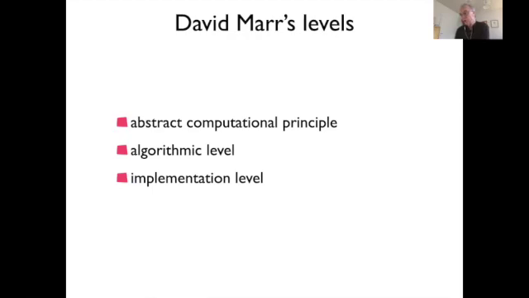And then an implementation level that he thought of as, in the brain, the neurons, the hardware, and maybe in technical systems, the kind of sensors you use and the hardware, also how the algorithm functions in real time, what the memory needs are, and so on.